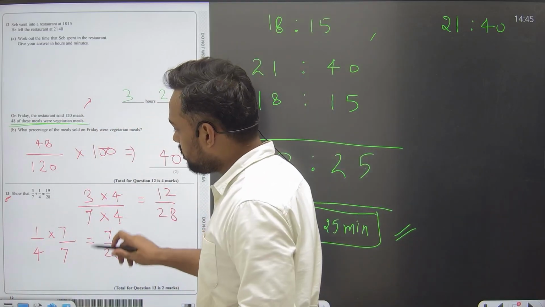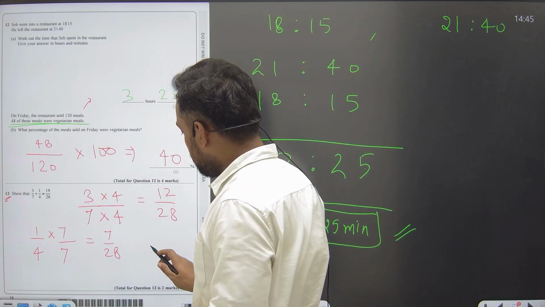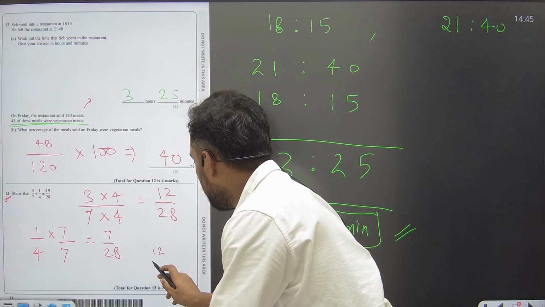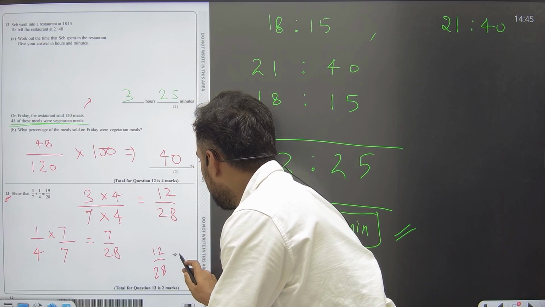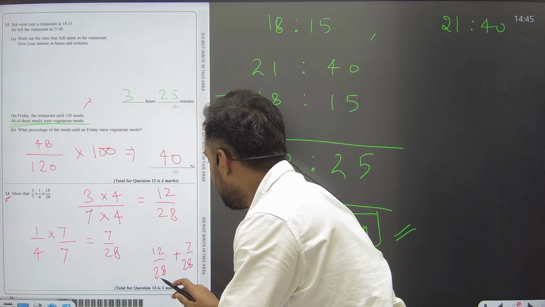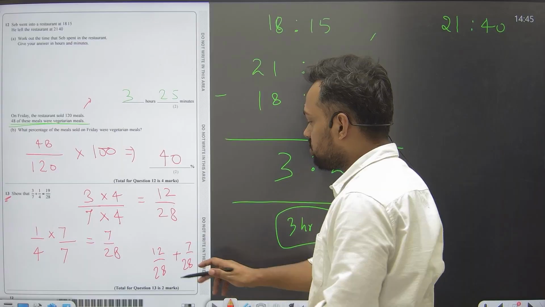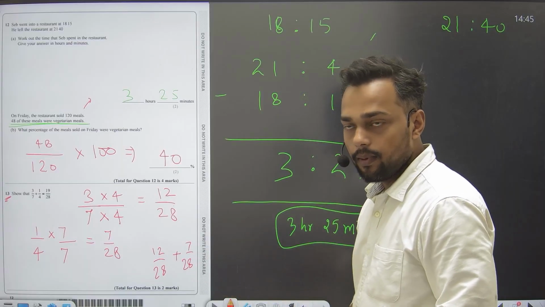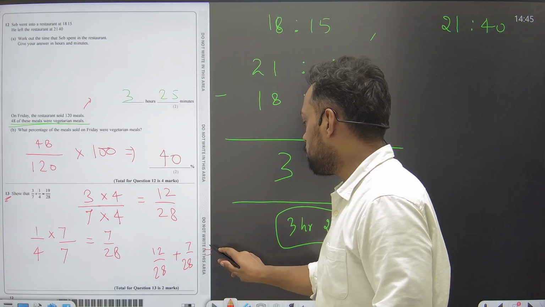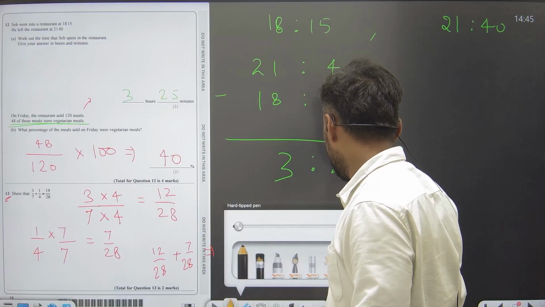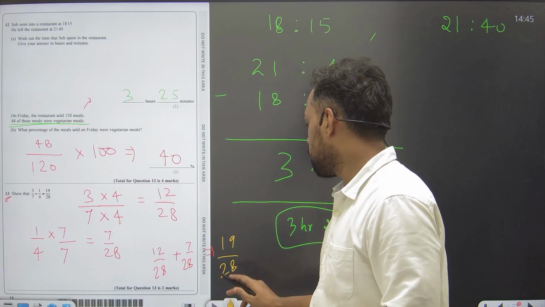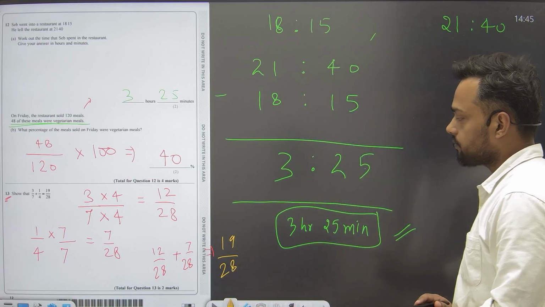So 3 by 7 can be written as 12 by 28, plus 1 by 4 now written as 7 by 28. We can add these fractions easily because the denominator is the same. 12 by 28 plus 7 by 28 will be equal to 19 by 28, what they were looking for. Okay, students.